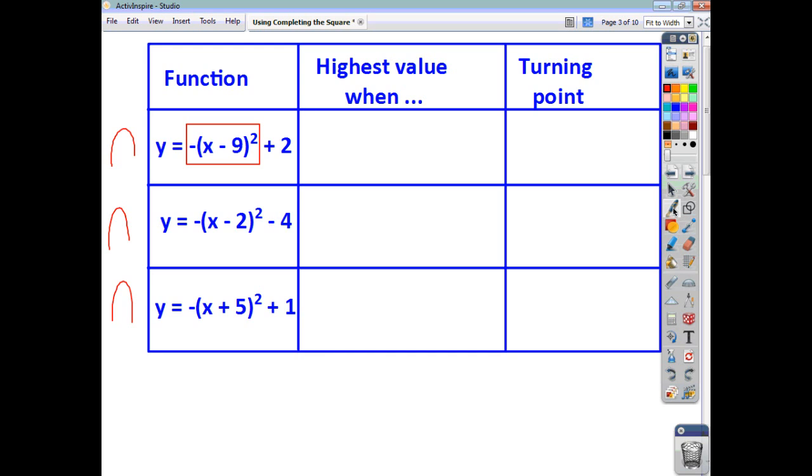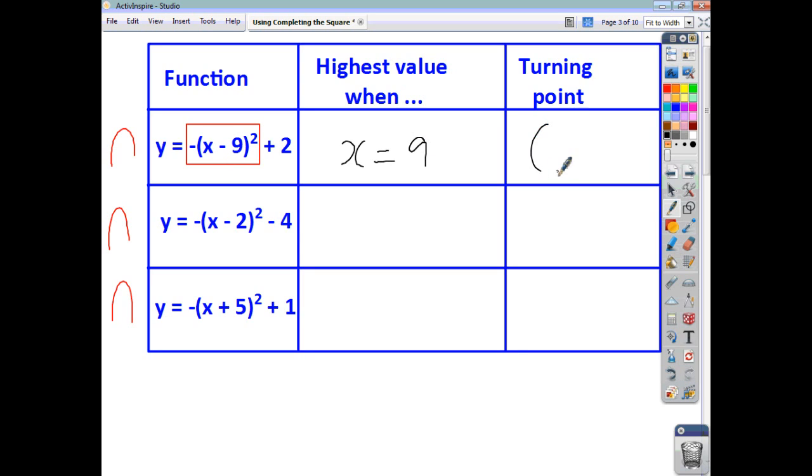Okay, so how low can this function go? Or how high can this function go, I should say. And this function is at its highest when what's in the red box is at its lowest. So what value of x would give me 0 inside my bracket? And that is a value of 9, because 9 minus 9 is 0.